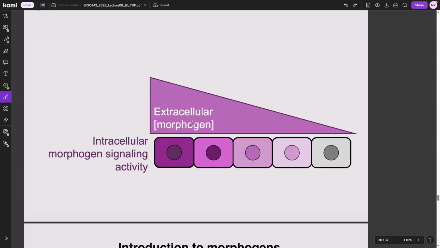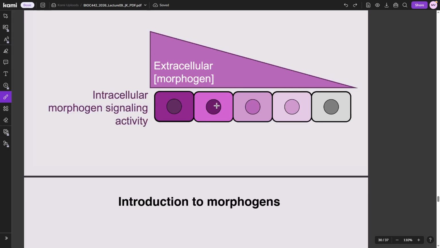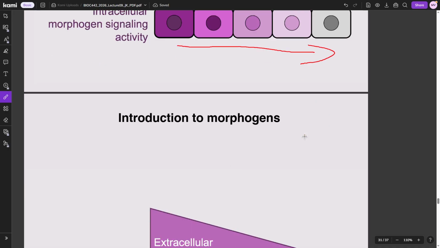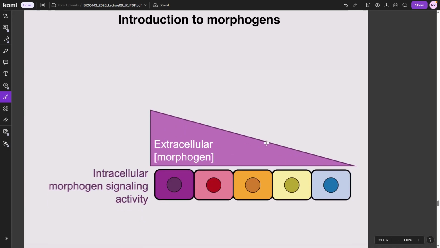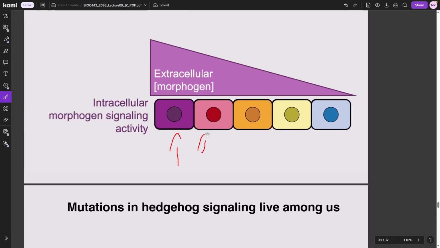It's where all of this originated. Then the cell next to it is pretty dark, the cell next to it lighter, lighter, and then this one's pretty much not affected at all. So you basically get this gradient of activity. And because of this gradient of activity, these cells now all have completely different cell fates with different jobs.